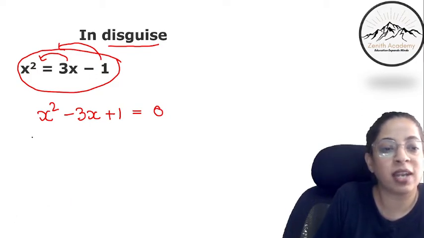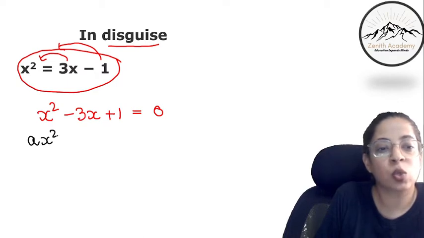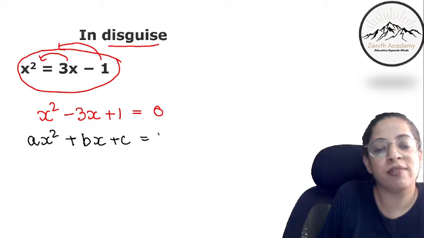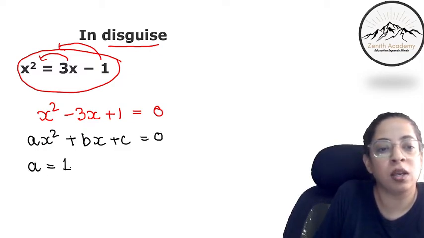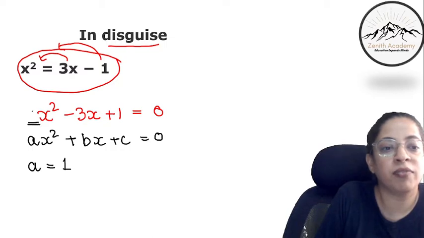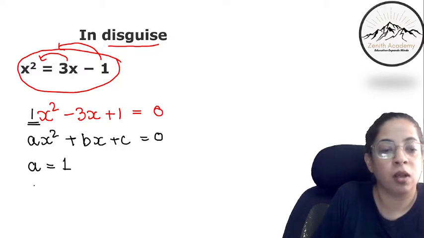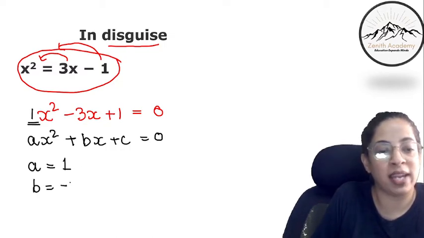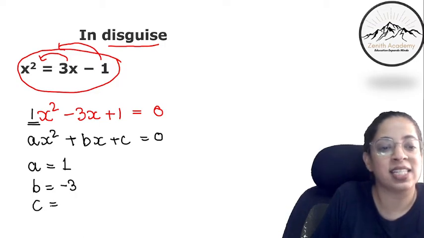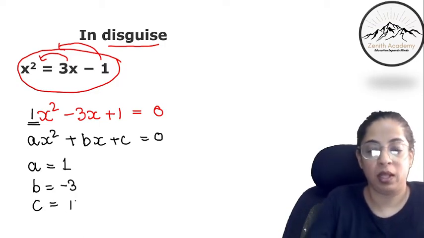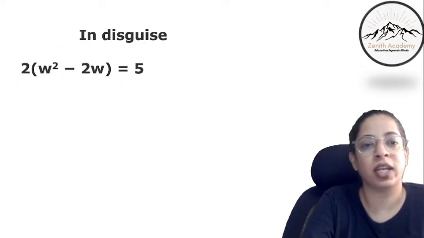Yes, because it can be compared with ax square plus bx plus c is equal to 0. इसी फॉर्म में है ना? तो in this equation, what is a? a is 1. If there is nothing written in front of it, it means it is 1. What is b? b is minus 3 and c is equal to 1. Understood? So yes, this is a quadratic equation.